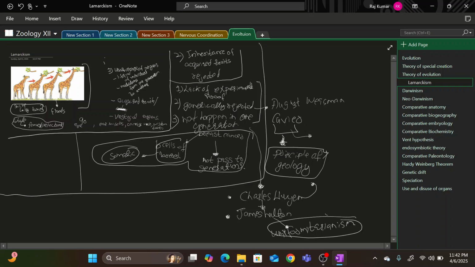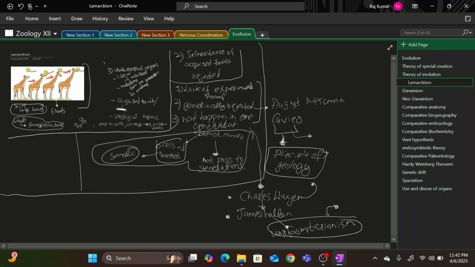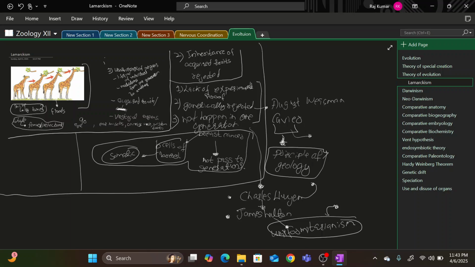What is uniformitarianism? It is basically the belief that everything has evolved slowly.